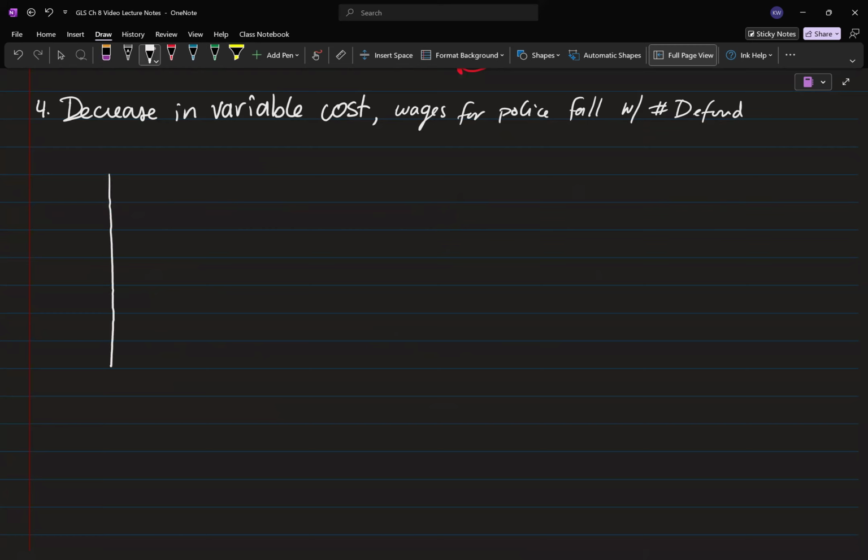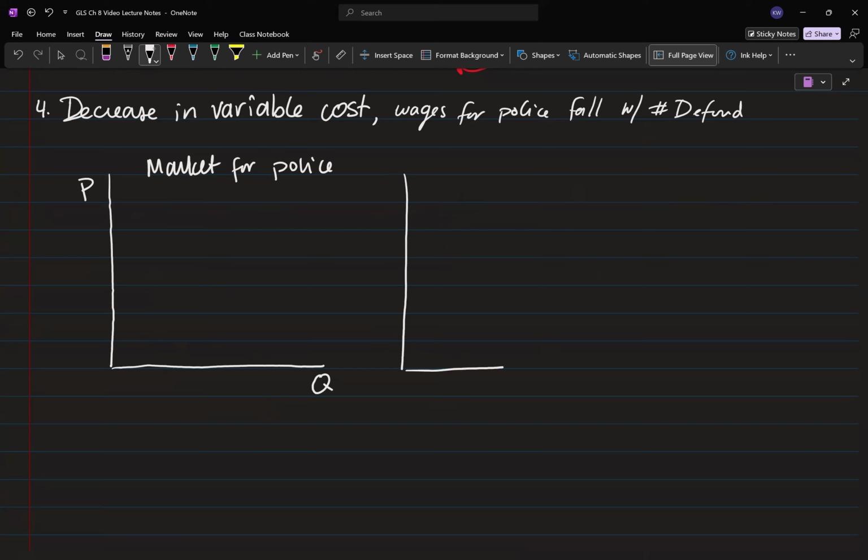So again, we're going to start by drawing our initial long run equilibrium graphs. So we'll have the market for police services, and we're going to have our firm graph. So this is going to be the representative department or representative officer.